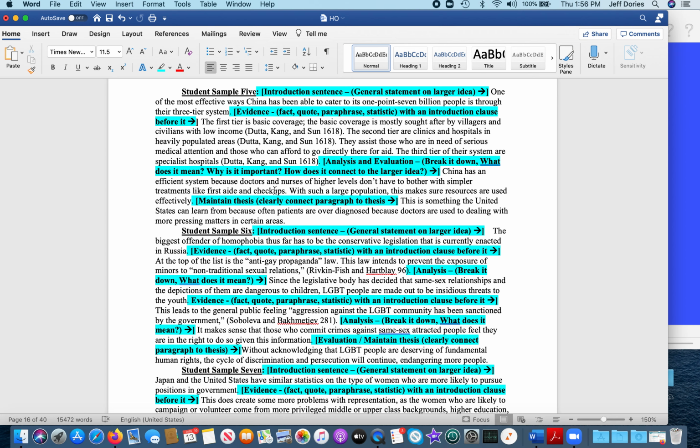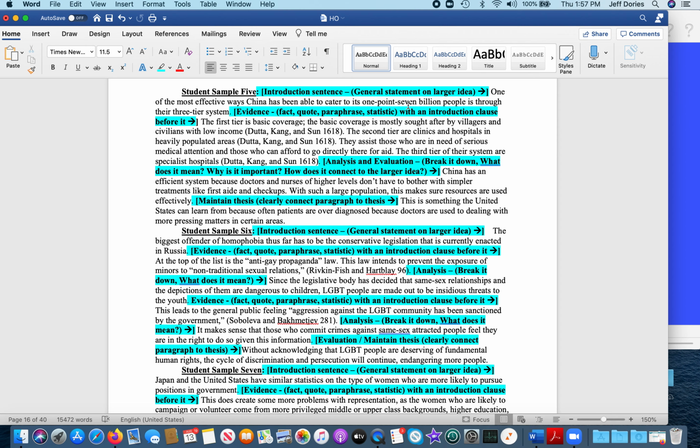The first tier is basic coverage. The basic coverage is mostly sought after by villagers and civilians with low income. Second tier are clinics and hospitals with heavy populated areas. They assist those who are in need of serious medical attention and those who can't afford to go directly there for aid. The third tier of their system are what are specialist hospitals.